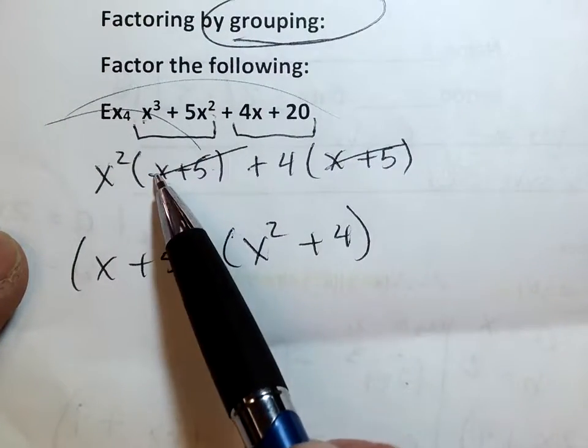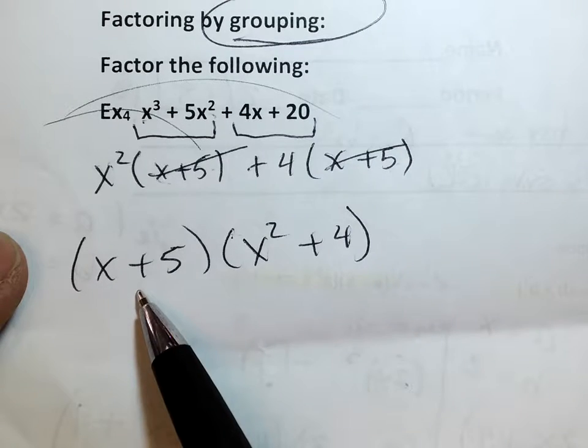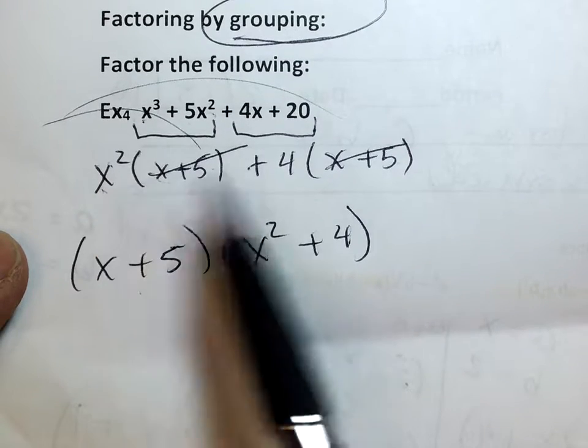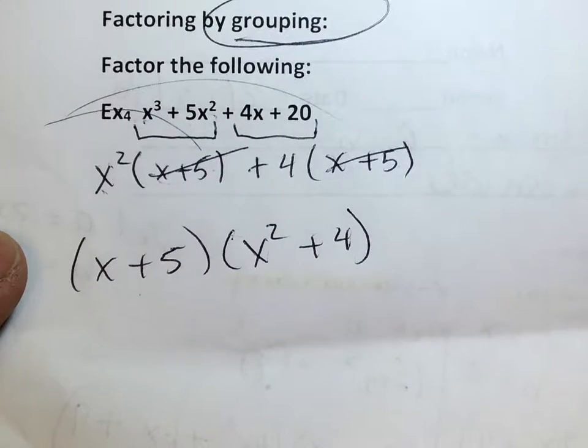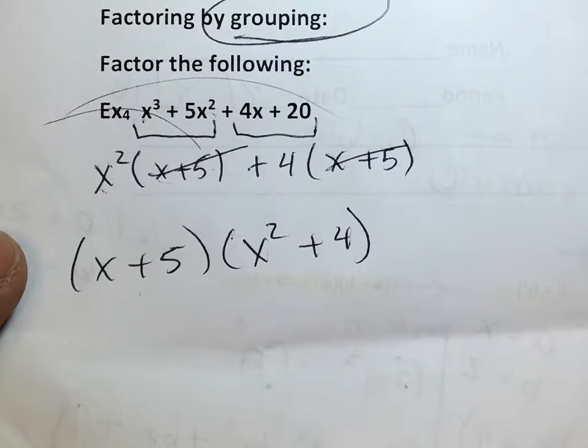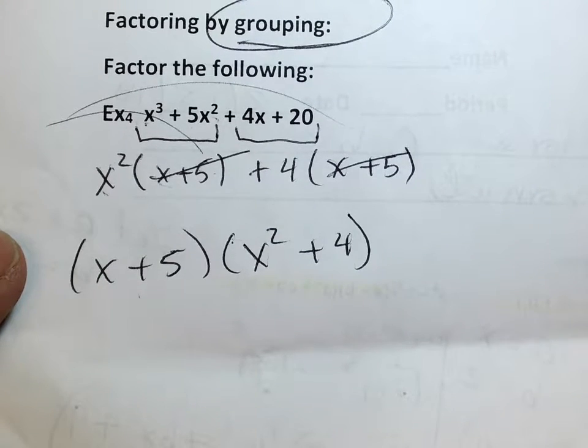So I found that they both had an x plus 5 in common. I pulled that out, and what's left over is the x squared plus 4. Okay? So far, so good? Would that be your answer? That's your answer. Sometimes they'll try and trick you, and sometimes you can factor it again, okay?